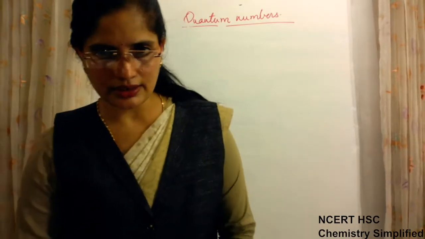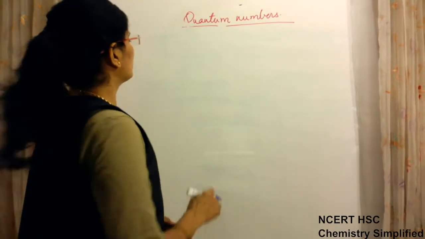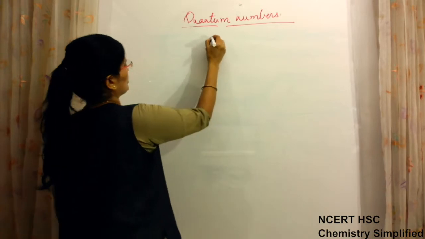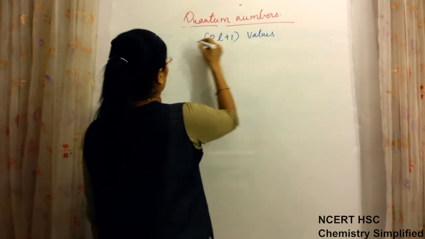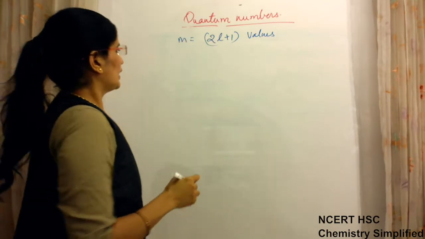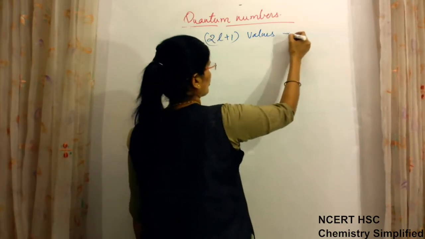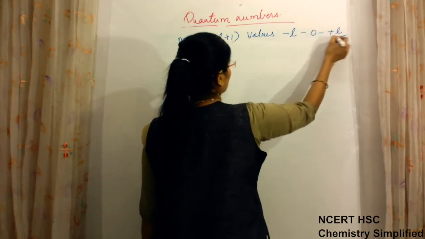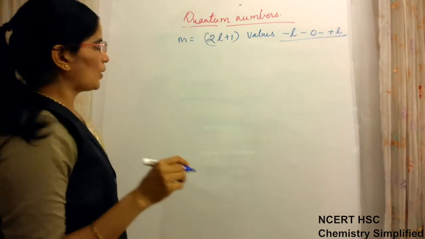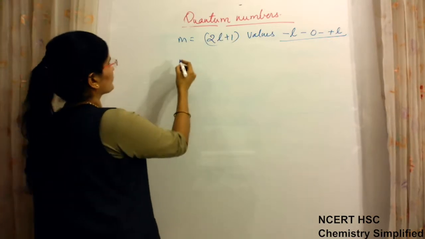The formula written by us was 2l plus 1 values for m. And we also said that these range from minus l through 0 to plus l. Now let us see how it works.